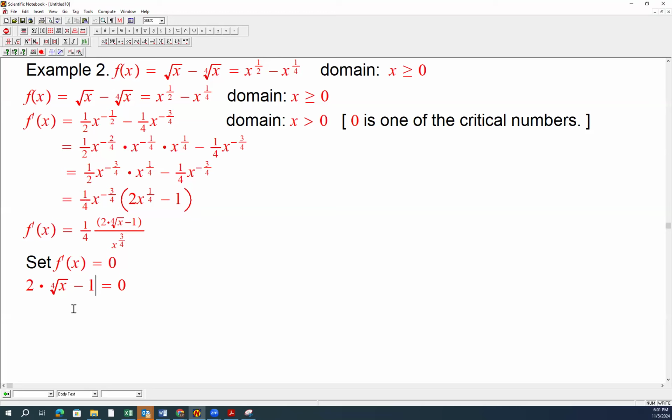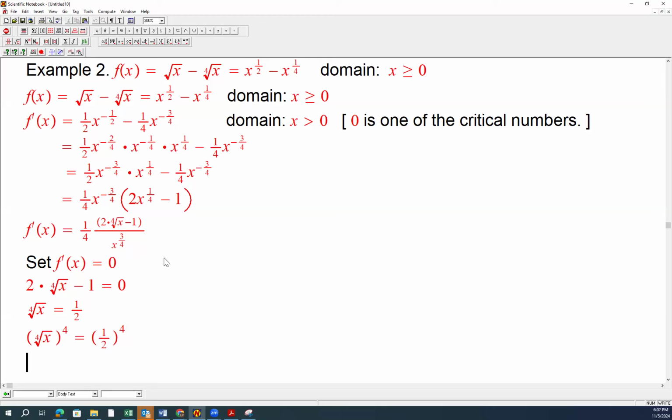Well, we just add 1 on both sides and divide by 2, so we get 1/2. And then we're doing all of these operations in the domain of the function. So we take a power of 4 on both sides.